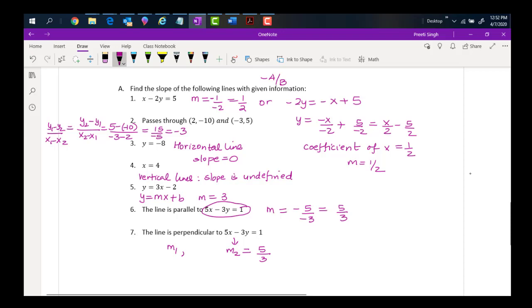So what you want to do is take the reciprocal of this one. So m1 must be 3/5 and with a negative, because when you multiply these two, m1 and m2, you should get negative 1. So you take the reciprocal and multiply by a negative. That will give you the slope of the perpendicular line.